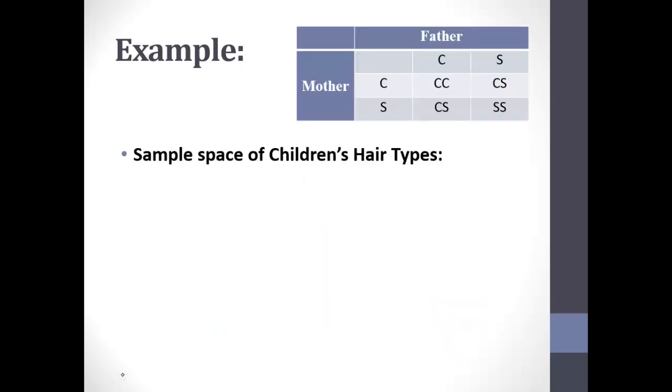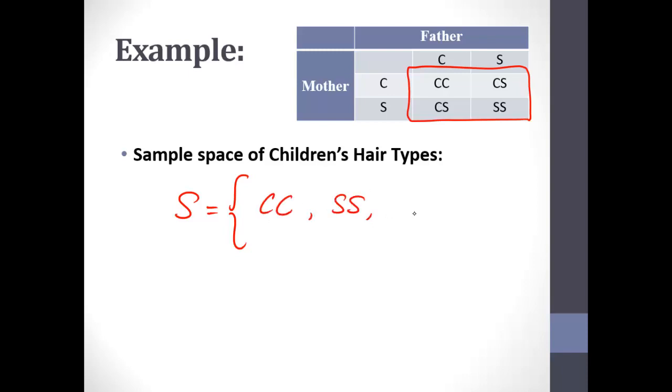Let's think about what my sample space is for the children's hair types. So what I'm going to do is put a capital S. That's going to denote my sample space. And then I can put it in curly brackets. I have three possible hair types: curly, which is CC, straight, which is SS, and wavy.